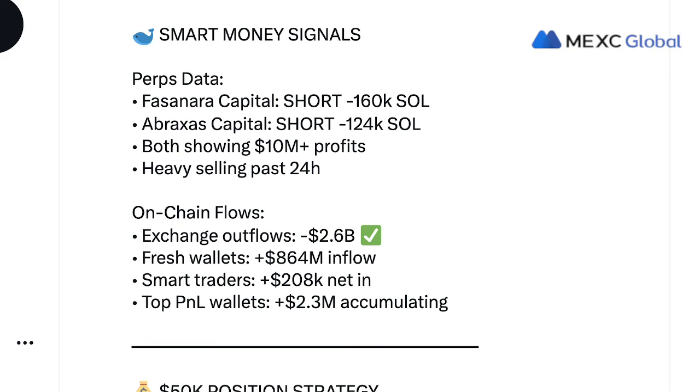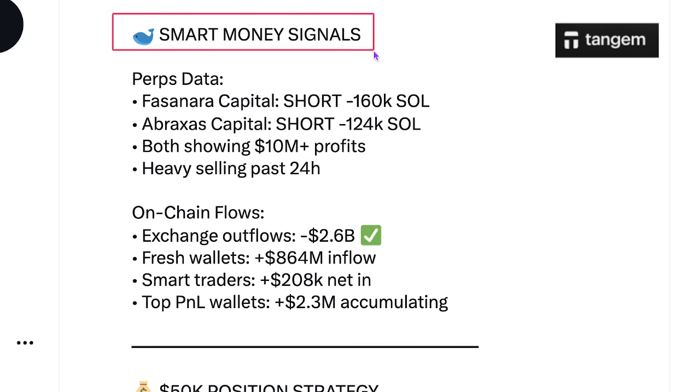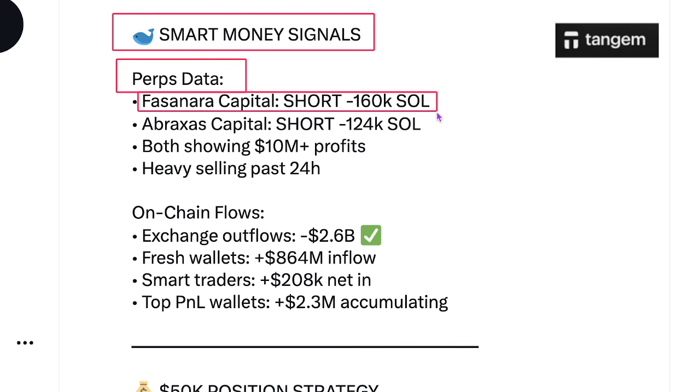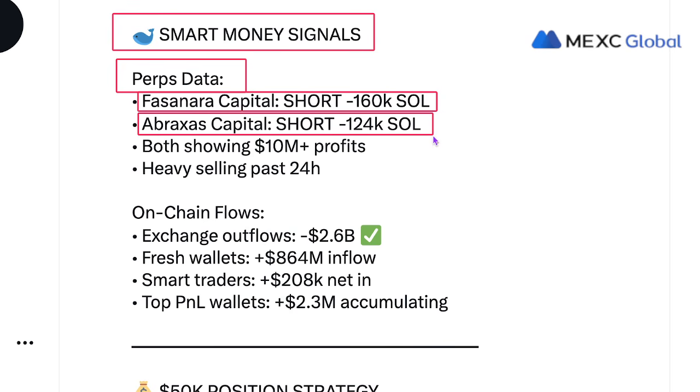In addition to that, you're able to compartmentalize the data. So smart money signals, most of you know, these are already there, but what you're seeing now is Perps data. So you're seeing big smart money institutions, or what they call smart money wallets within Nansen that are labeled, actually showing you what these guys are doing.